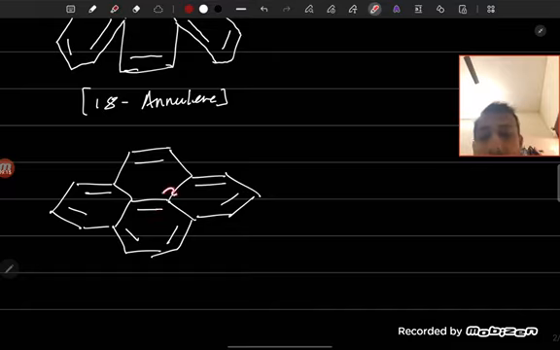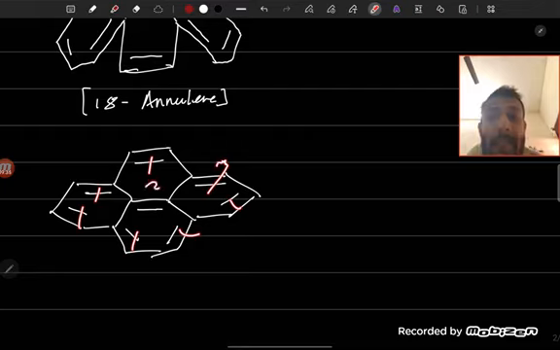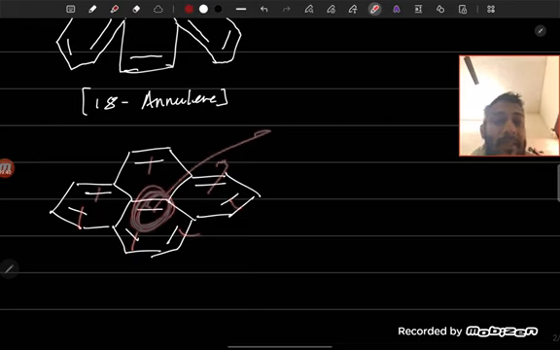So because of that reason, this pi electron does not take part in the aromatic ring. If we remove that pi bond, the compound will still be an aromatic compound. So next time if someone asks, just say it has 1 2 3 4 5 6 7, only 7 pi bonds or pi electrons are taking part in the resonance. This pi electron is not taking part in the resonance.